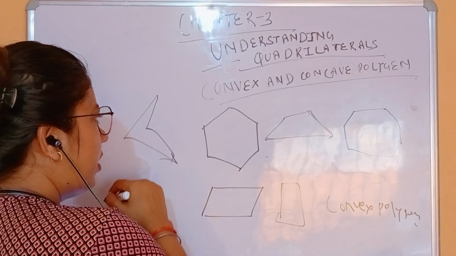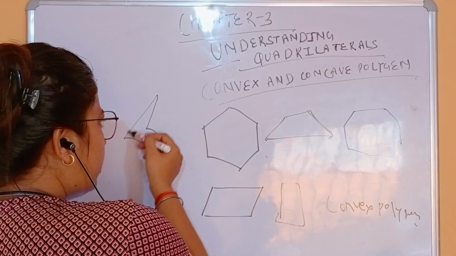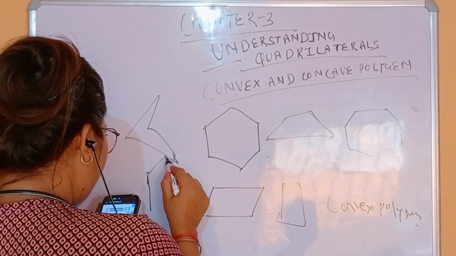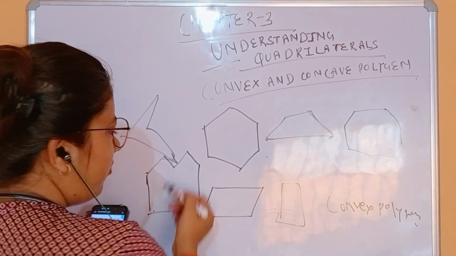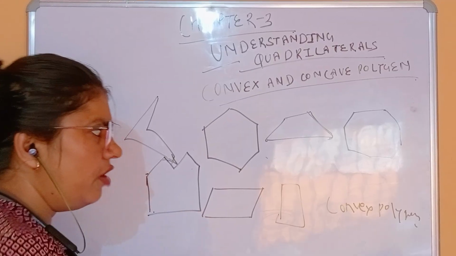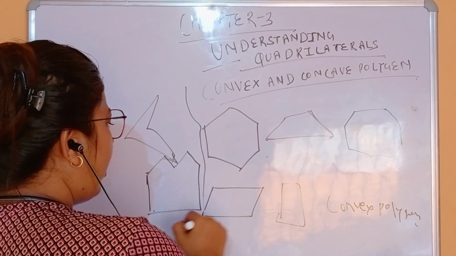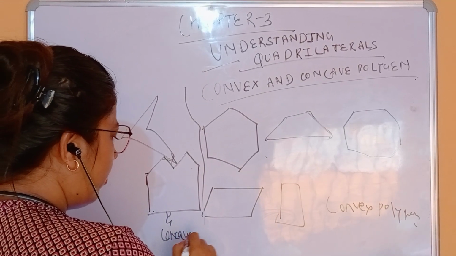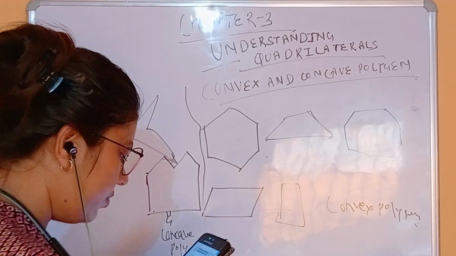We only say this is a polygon because it is closed on all sides. So when the figure is not defined, we can write here concave polygon. Okay, concave polygon, or here convex polygon.